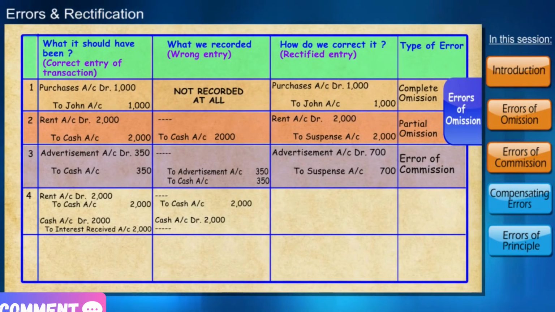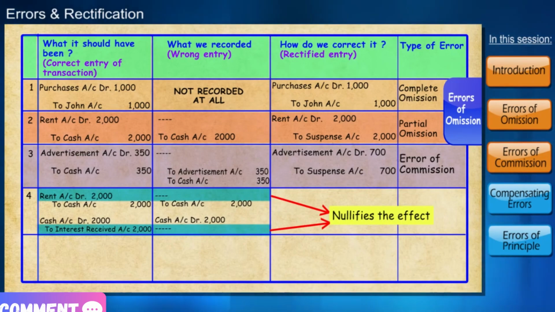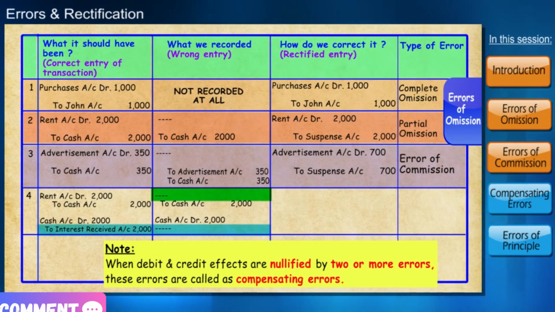In this case, a mistake of not debiting one account and another mistake of not crediting another account by an equal amount compensate for the mistake. We wouldn't have been able to find the error as it doesn't affect the trial balance. Such errors where the effect of one is cancelled or nullified by the opposite effect of one or more in another account are called compensating errors.